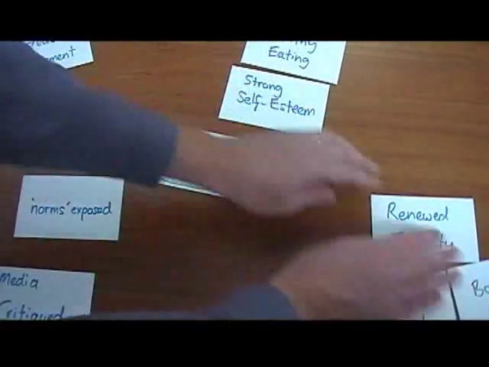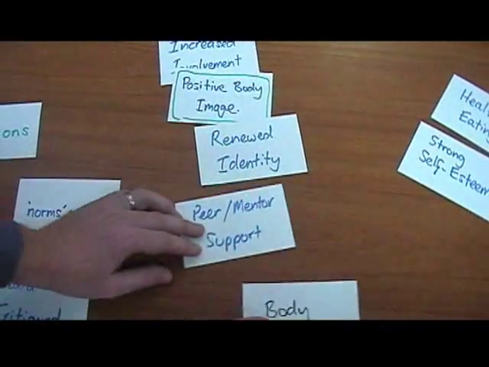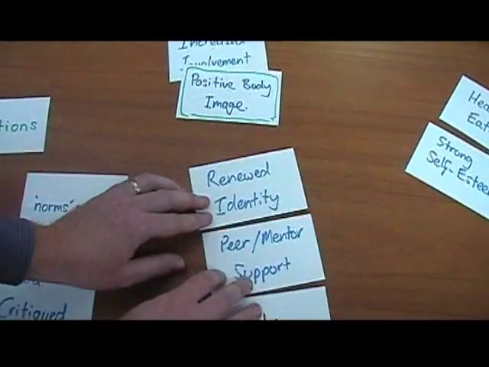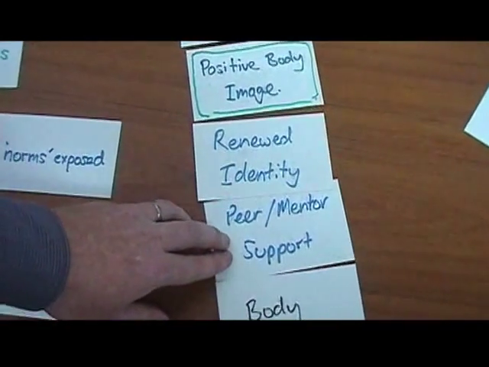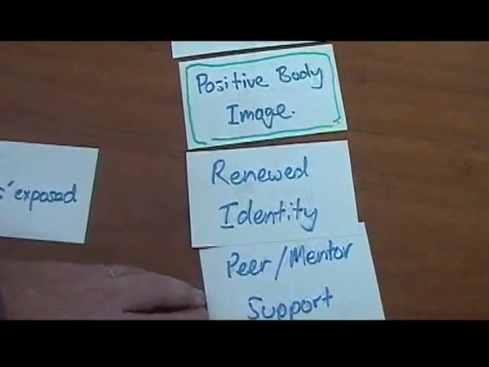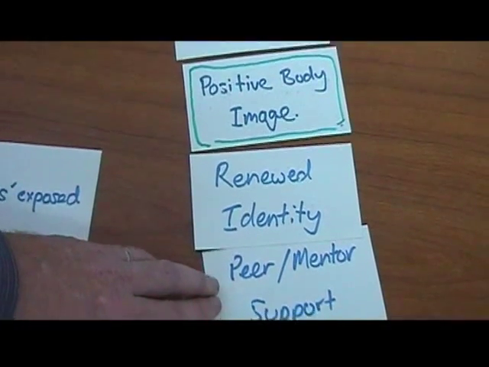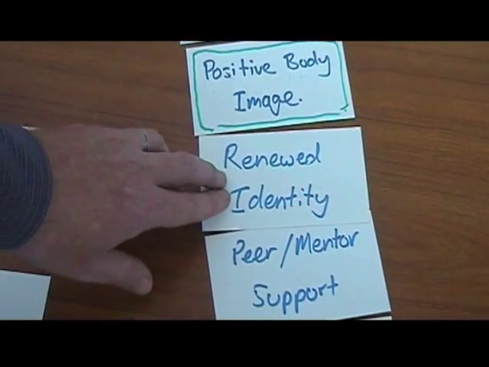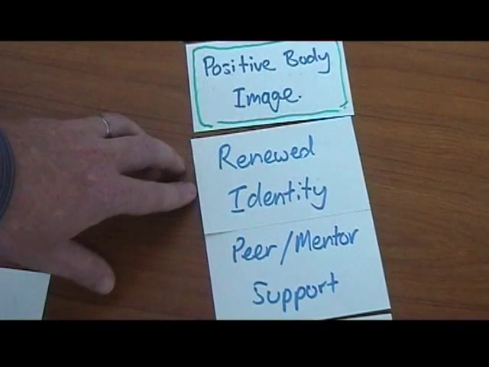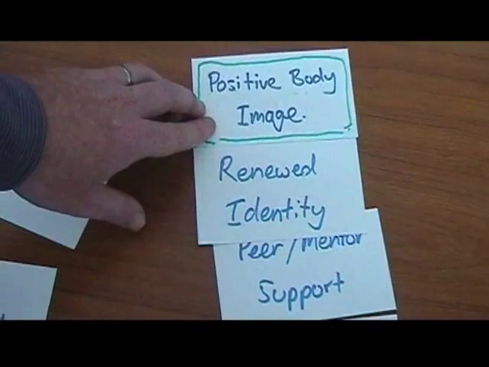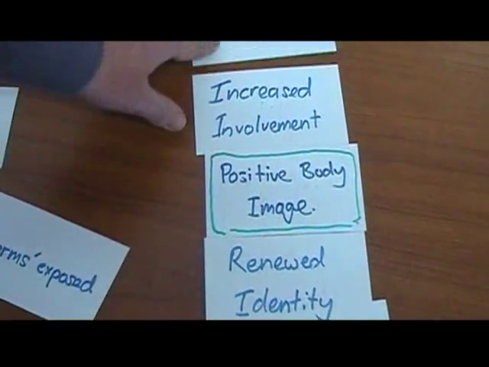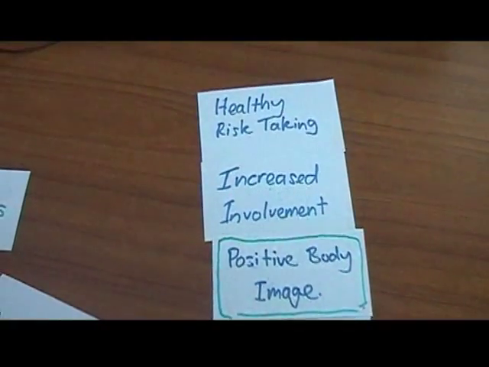Alternatively, you could have focused on peer and mentor support. You might just want to target that, offer better support for young people, help them explore what it means to be growing up and have a renewed identity, which can lead to a positive body image, which then leads to these other positive outcomes.